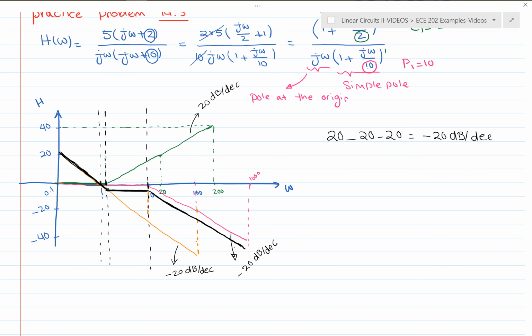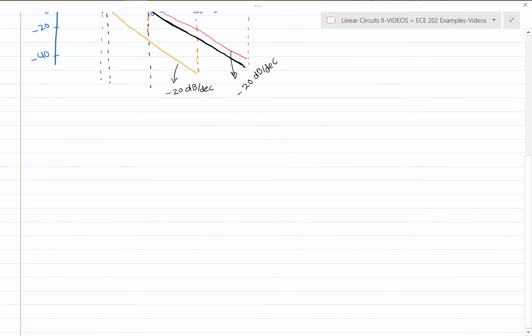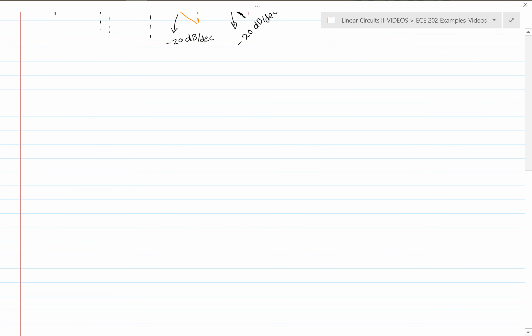Let's go through the phase plot as well for this transfer function. So the transfer function was H of omega equals 1 plus j omega over 2, over j omega multiplied by 1 plus j omega over 10.